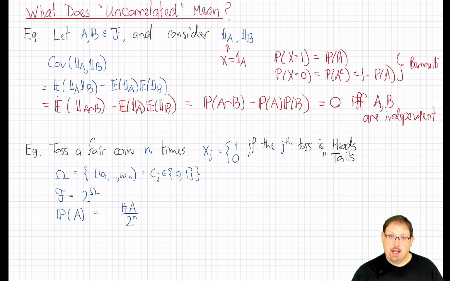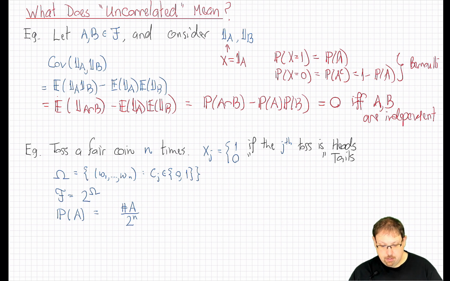So this is a finite set with 2 to the n outcomes. We may as well take all subsets in the sigma field, and the probability measure we'll use is the discrete uniform probability measure, which assigns equal probabilities to all outcomes. That is, the probability of any event will be the number of outcomes in that event divided by the total number of outcomes, which is 2 to the n.